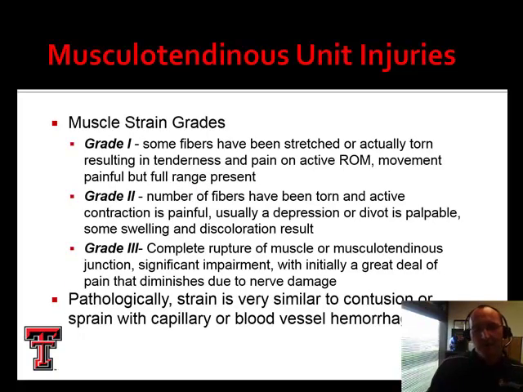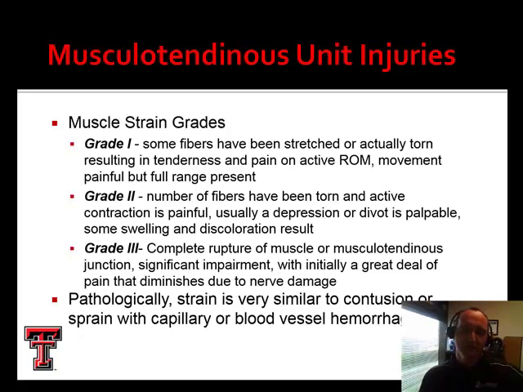So we grade strains and sprains on a 1 to 3 scale. With a strain, the criteria are different than the criteria for a sprain, but they still hold true. Grade 1 is the least severe, grade 3 is the most severe.